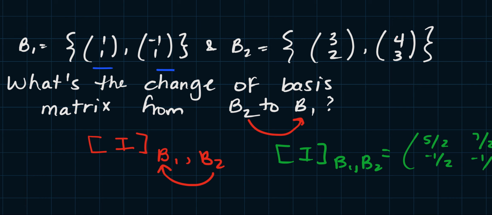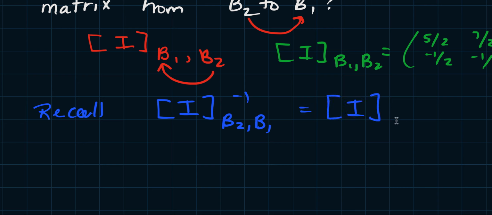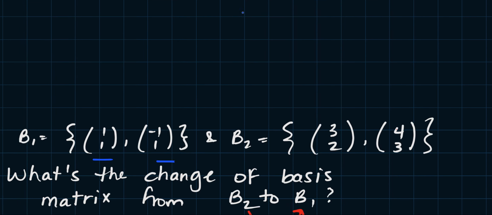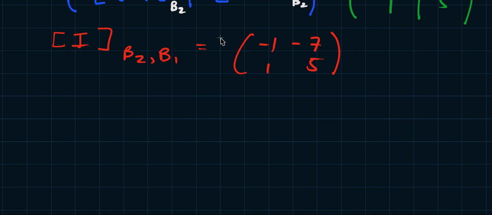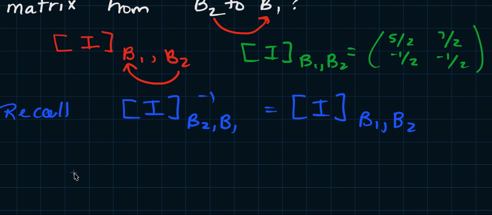So recall the inverse of this is equal to I B1 comma B2. Now, since that's true, what I could have done after I found this matrix right here, which we're going to copy, if I just find its inverse, that should give me this matrix here.